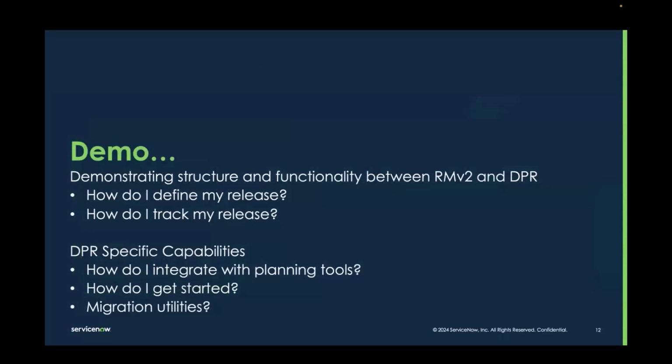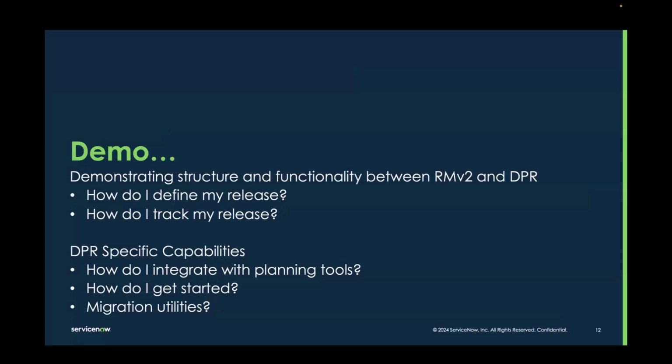So for the demo, I'm going to go through some of the differences between Release v2 and how we do it in DPR, because some of the concepts are pretty closely aligned. Others, there's a bit of a difference. So we'll focus on how we can define a release and track a release, looking at both RMv2 out of box, and then how that really maps into DPR.